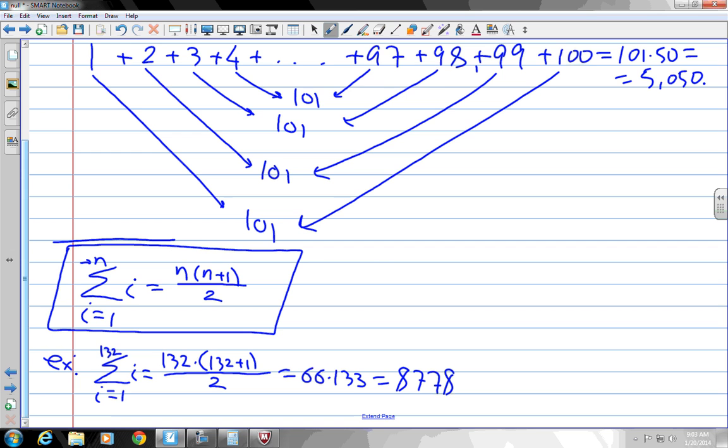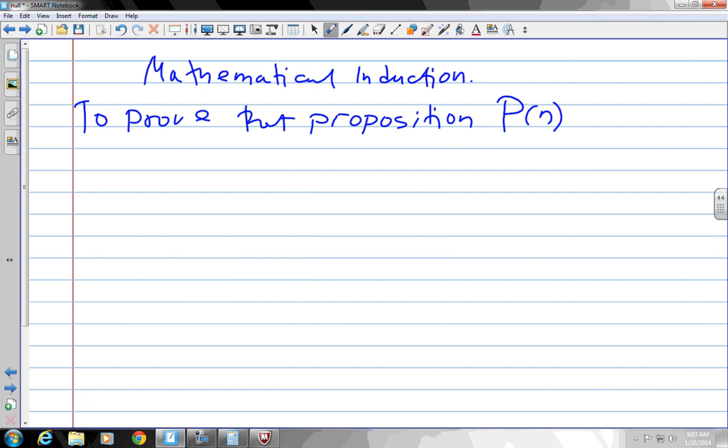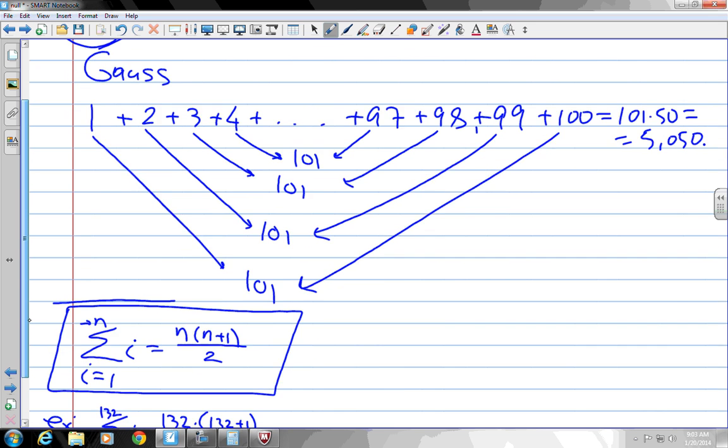Kind of? Okay. So let's write out the strategy. To prove that proposition, and let's call it P of n, so here's P of n.